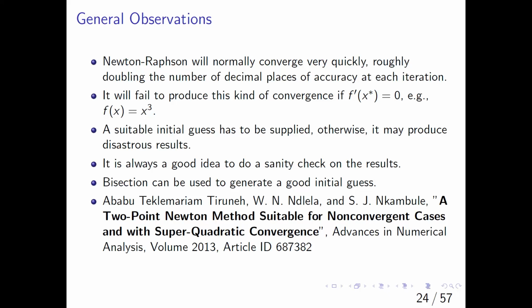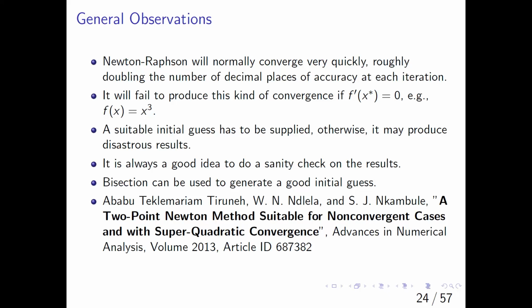So each step doubles the number of decimal places. Compared to the bisection, it's much, much faster.